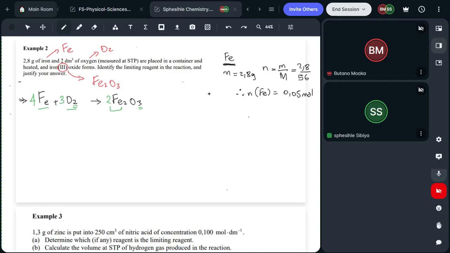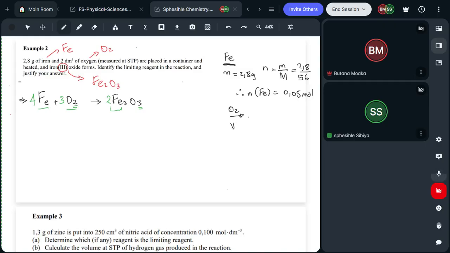Are you happy with how we calculated the moles of Fe? Yes. But now, look at this. For oxygen, we don't have enough information. They gave 2.8 grams of iron, and for oxygen we are given the volume.